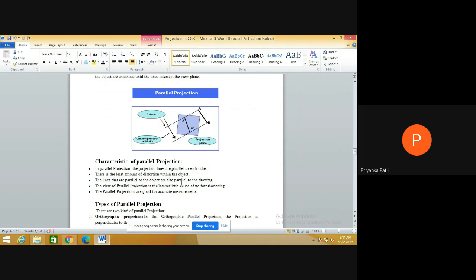Next, it is less realistic, because it is concerned with the size and shape of the given object. So it only uses parallel projection with respect to your object.